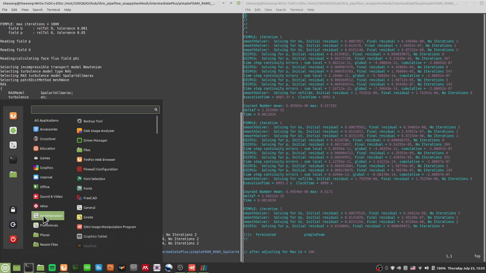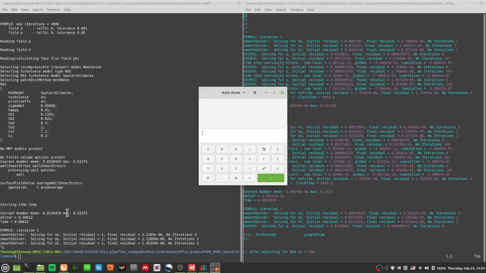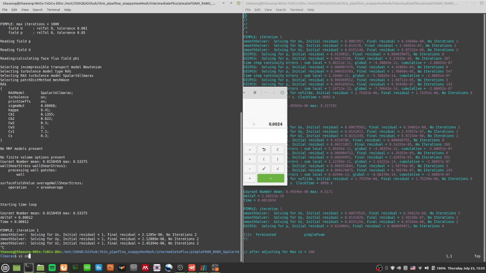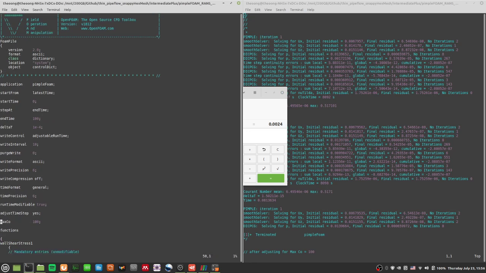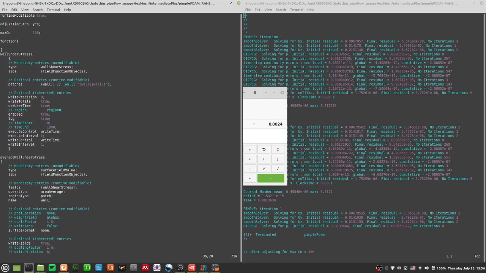Let's go to the calculator. 0.00012 times 20 gives 0.0024. So let's go to controlDict and put 0.0024, or you can just put 2 times 10 to the power of minus 3 as the delta t. That should suffice.